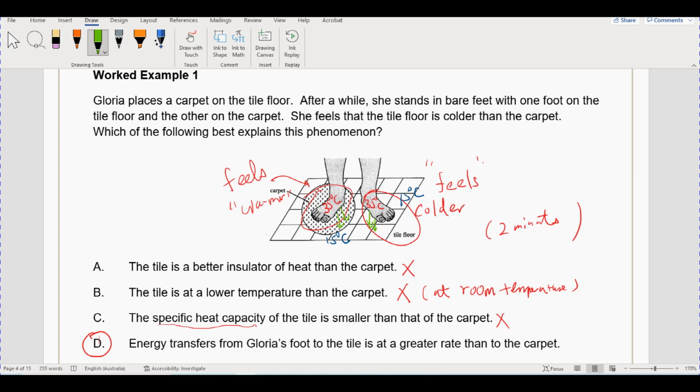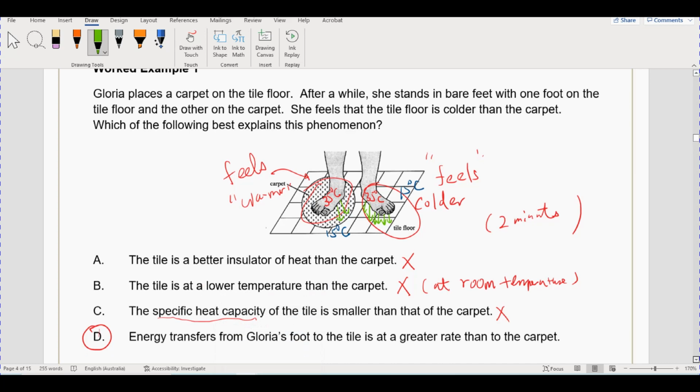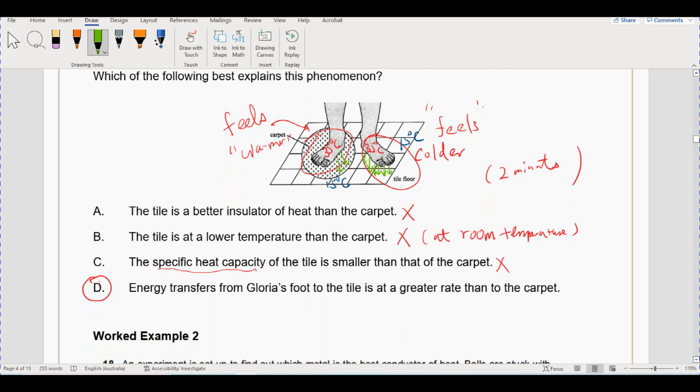Okay, so if there are two arrows, you indicate the heat flow from the feet to the carpet, that should be more arrows. That means greater rate of heat flow, I should say, from the feet to the tail, right? So that's why D is the answer, okay?